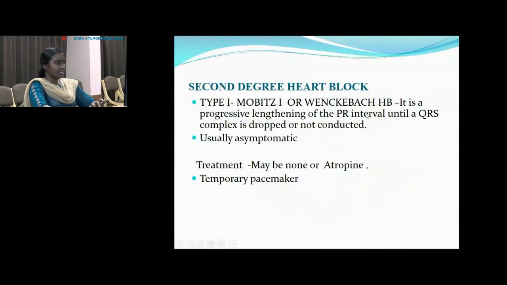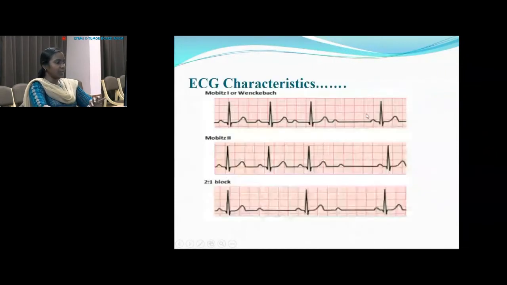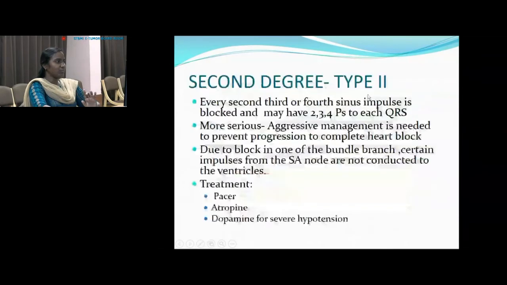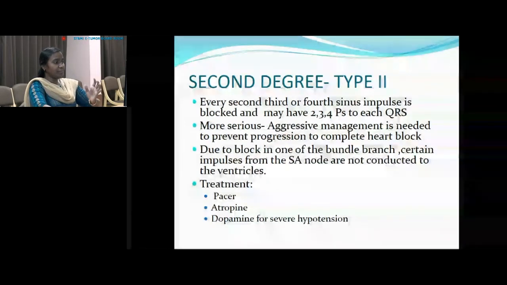And second degree type 2, or Mobitz type 2: every second, third or fourth sinus impulse is blocked and there may be 2, 3, 4 P waves to each QRS. That means 2, 3, 4 P waves occur continuously, and after them one QRS complex is dropped out or missed.